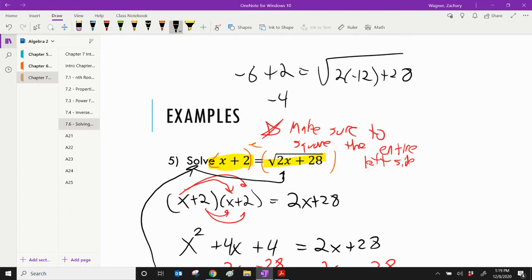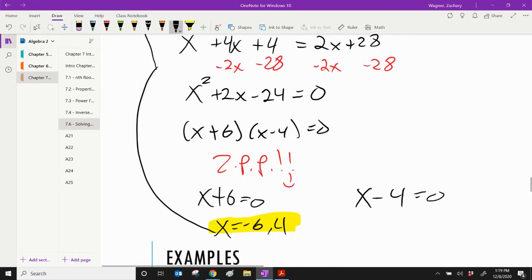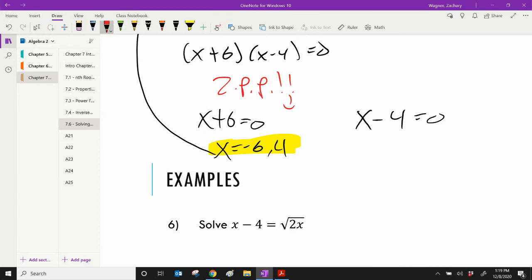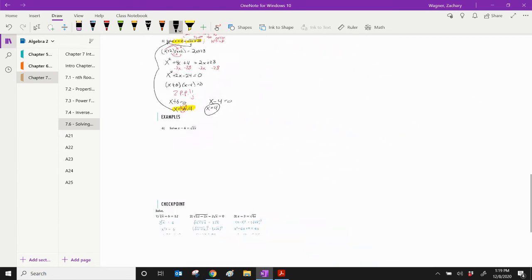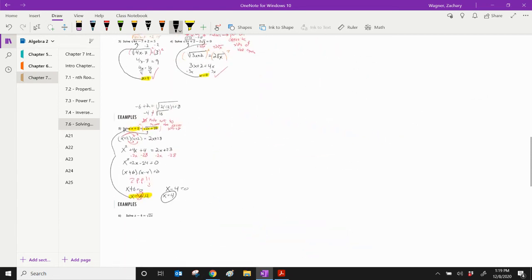This is why we check for extraneous solutions. These are not equivalent. The root 16 is equal to positive 4, not negative 4. This is not a solution, extraneous solution. Only x equals 4. That's my answer. We move on.